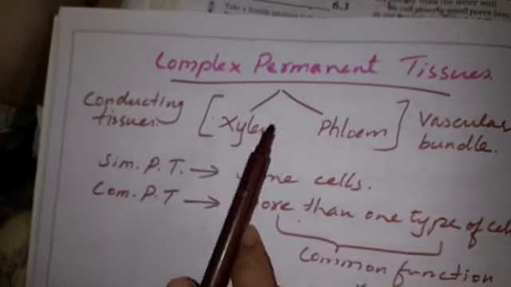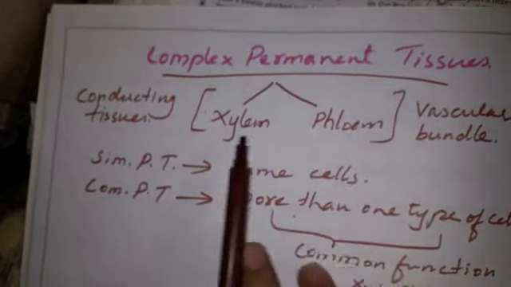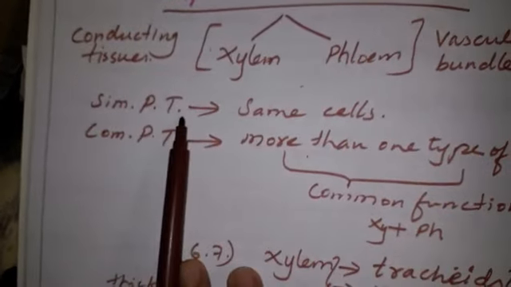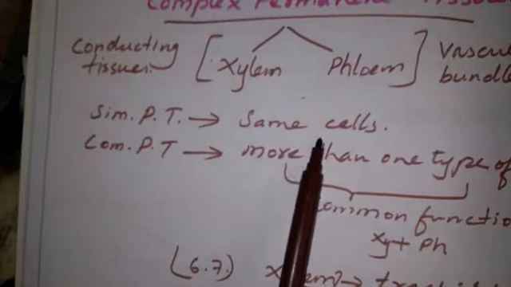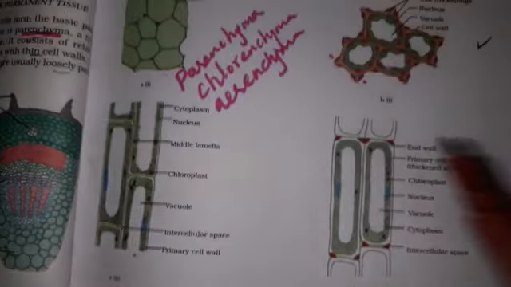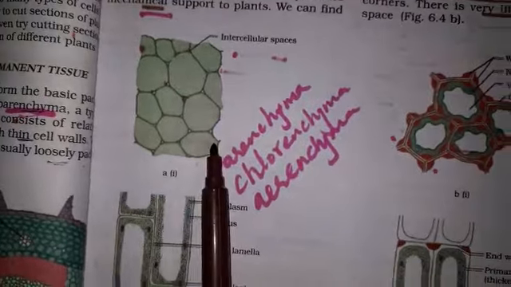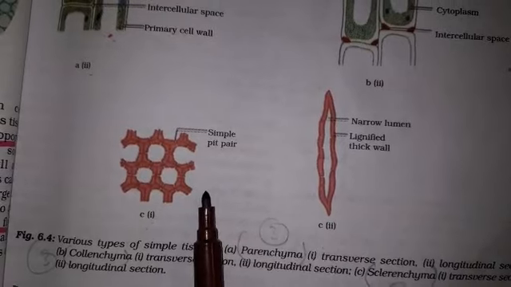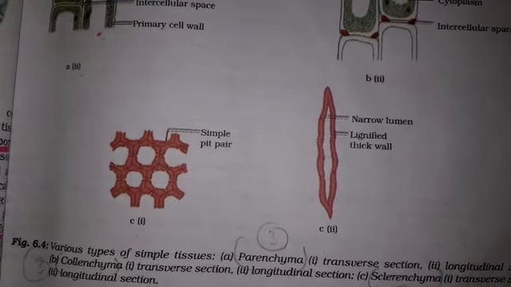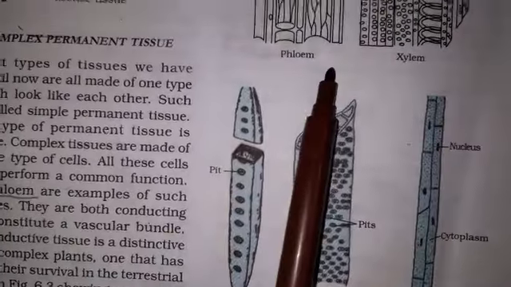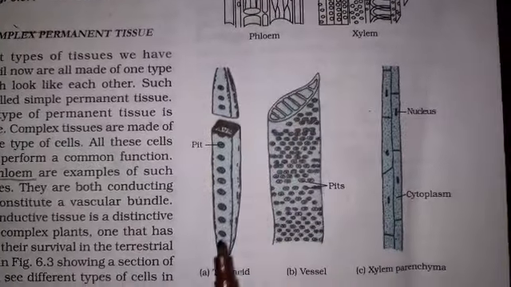Before moving on to xylem and phloem, I just want to say that the simple permanent tissue we have learned before is made up of the same type of cells, like parenchyma, collenchyma, sclerenchyma. All cells are the same. But in complex permanent tissue we have different types of cells.